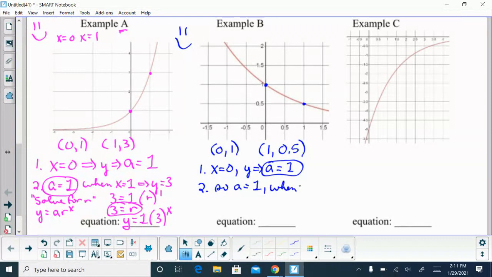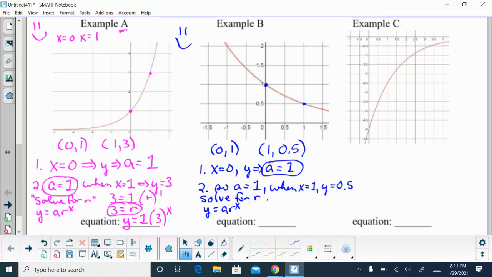So when x is 1 and y is 1/2, we need to plug that into that basic form that we've been working with and solve for r. So if you'll recall, y is equal to ar to the x.